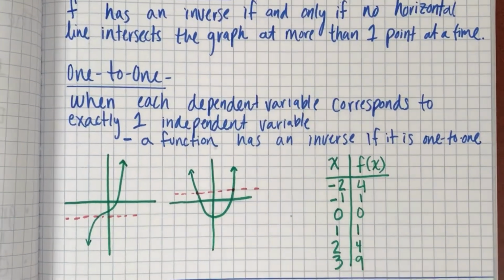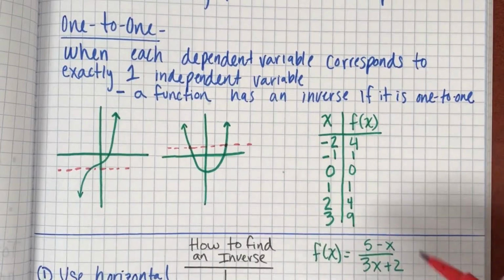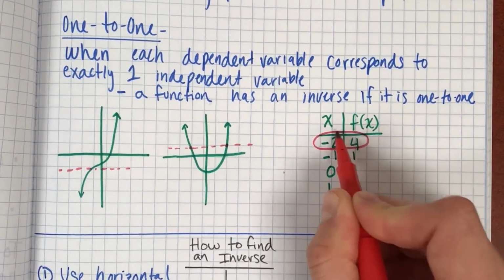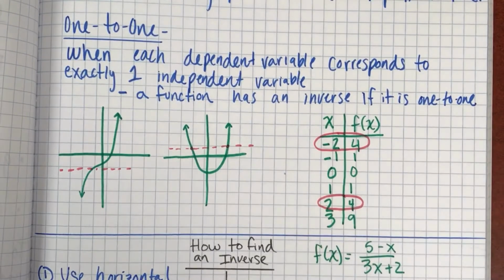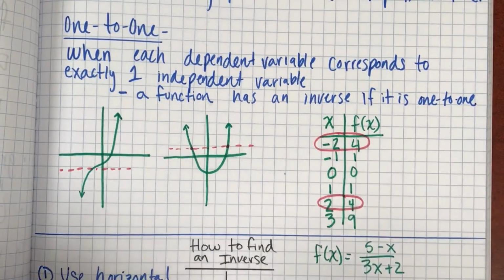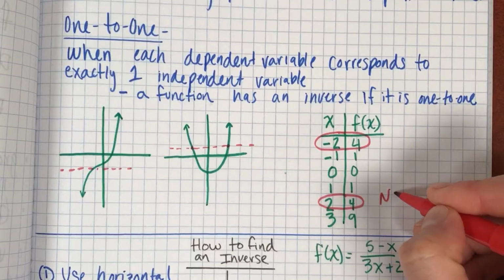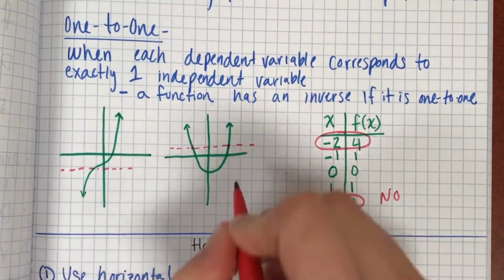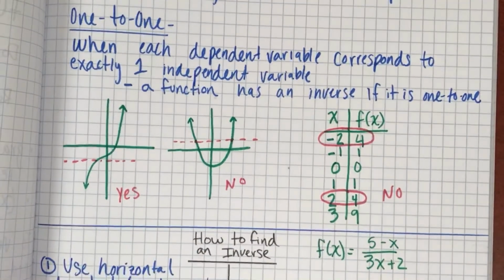Okay, looking at our table, -2 goes to 4 and 2 also goes to 4. That would be the same as our horizontal line test. If we were to graph this, it would not pass our horizontal line test, which means it's not one-to-one. So this is a no. No function, no inverse. The only one that has an inverse is that first graph.